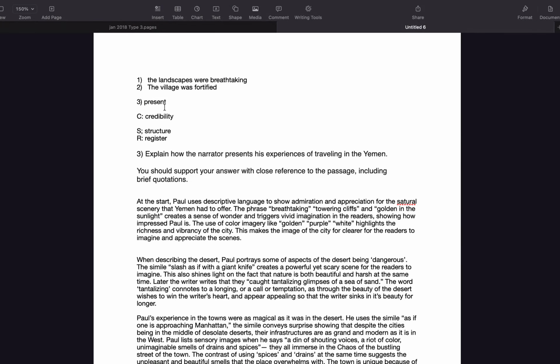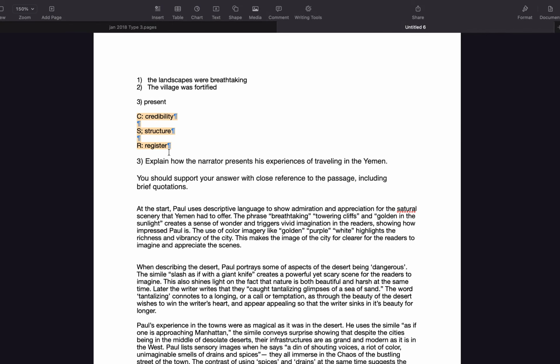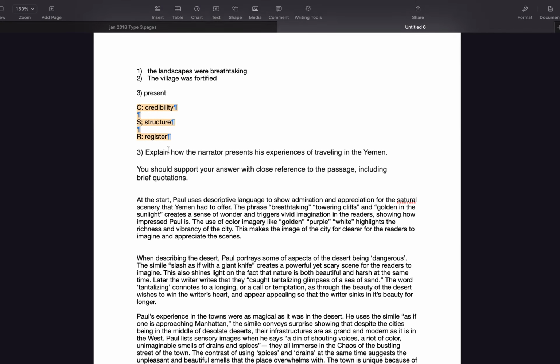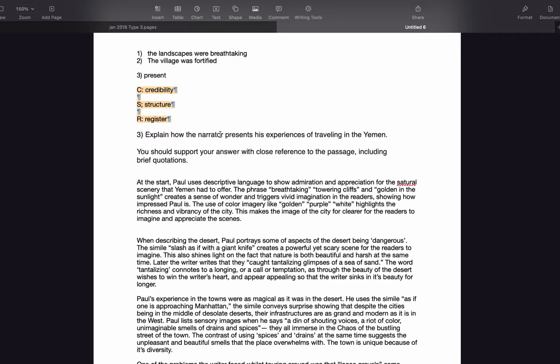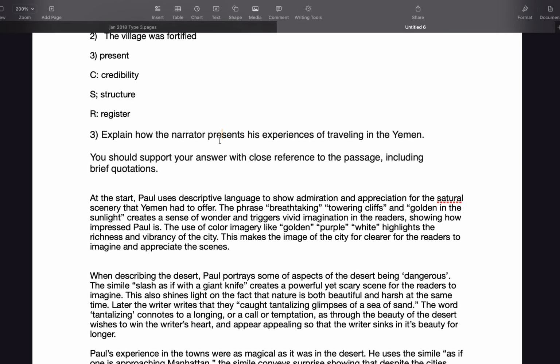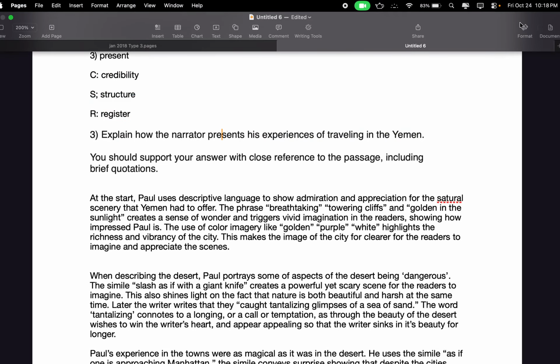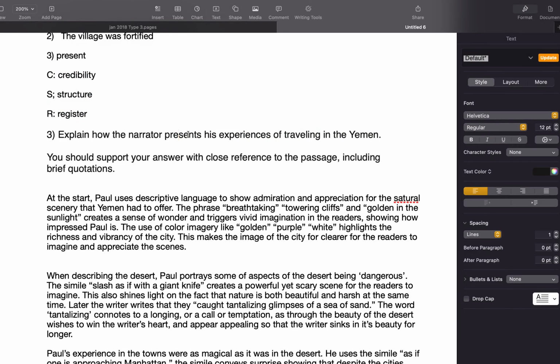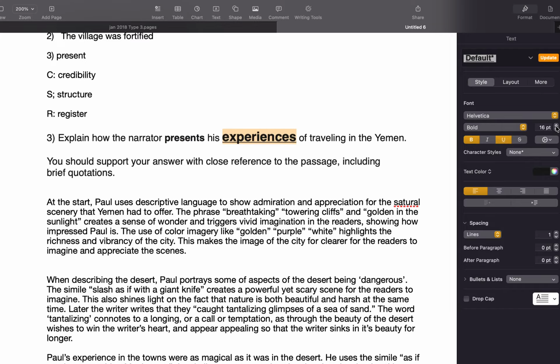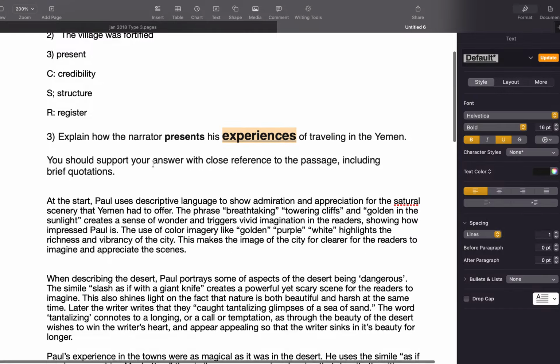For example, if it followed this CSR structure, this CSR method, this CSR format, or whatever you want to call it. But this was a tricky text because it says "present," and this is actually a very nice way to learn this. If you ever see the term "present" followed not by advice, not ideas, but the word "experience," know that this is a disguised EEA type question.